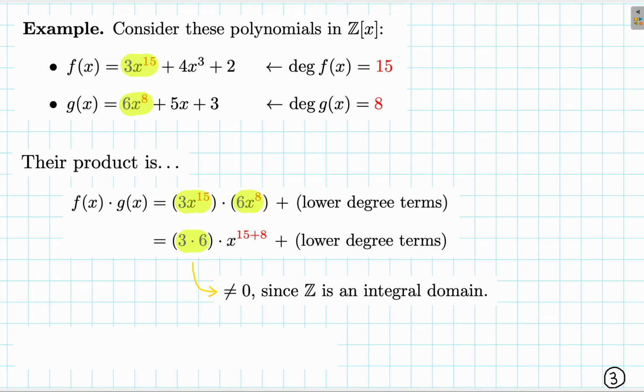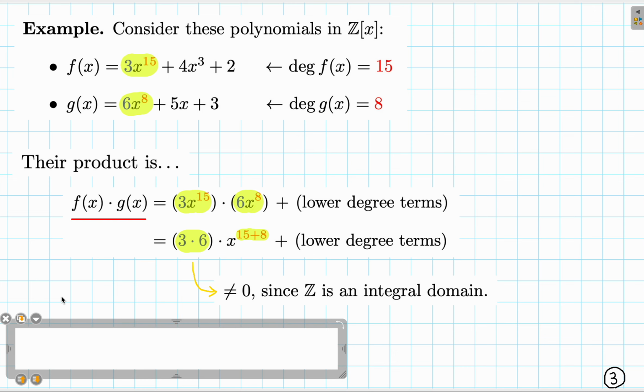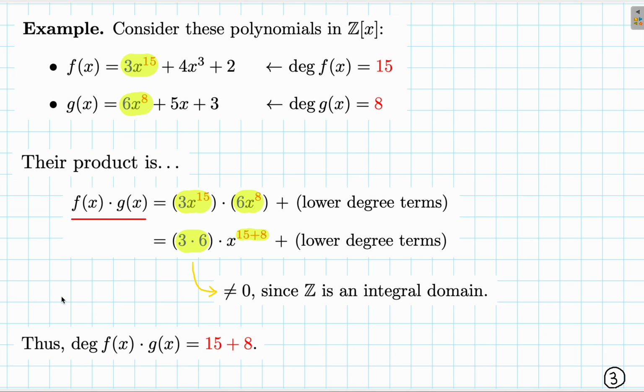And therefore, we can conclude that the degree of f of x times g of x is equal to 15 plus 8. That's our conclusion. So to summarize, what we found is that the degree of the product of two polynomials is equal to the sum of the individual degrees. And we will generalize this in the next slide.